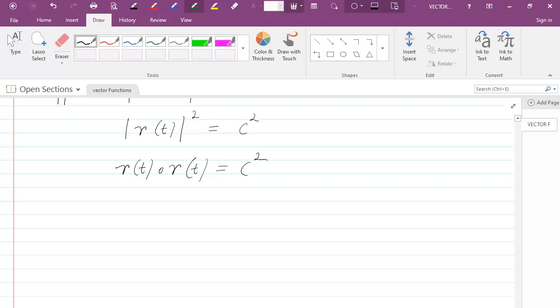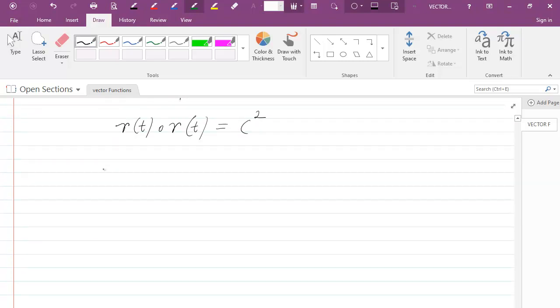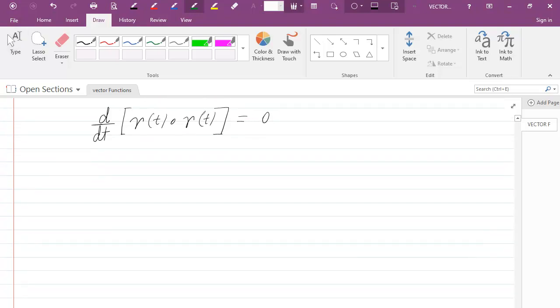Okay, so now we are going to take the derivative of both sides. So we take the derivative of r of t dot product with r of t, and the derivative of a constant squared would be 0. Now we apply the product rule here, so we can say that this is r prime of t dot product with r of t plus r of t dot product with r prime of t.